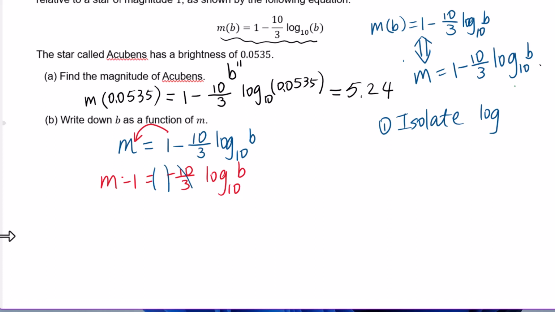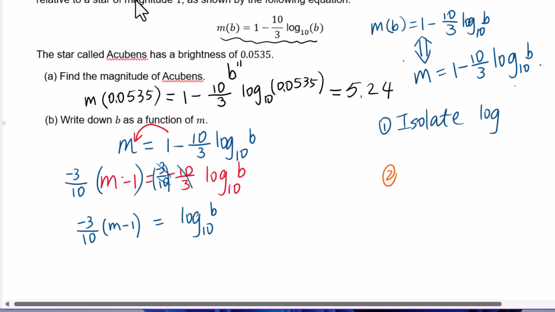We can multiply by its reciprocal, negative 3 over 10, on both sides. Reduce. We got log base 10 of B equals negative 3 over 10 times M minus 1.